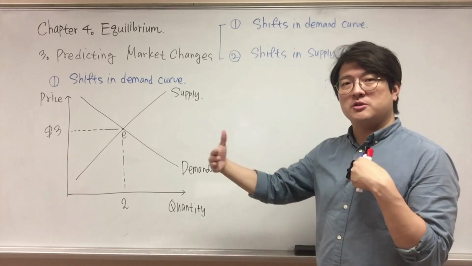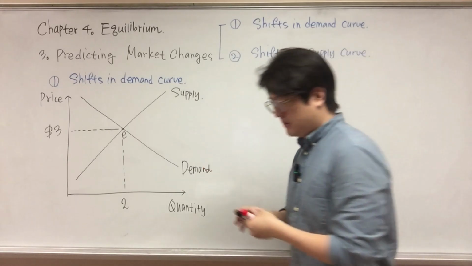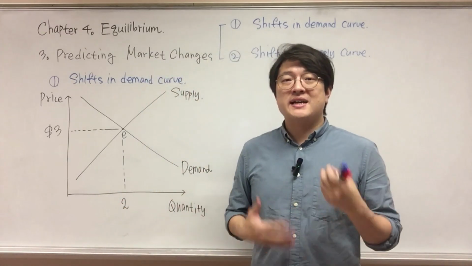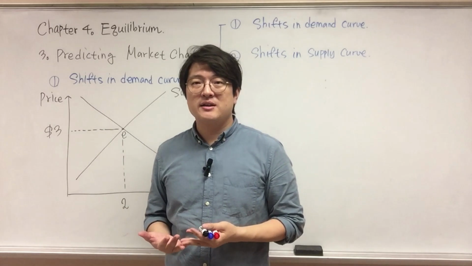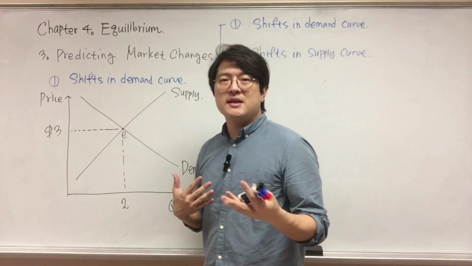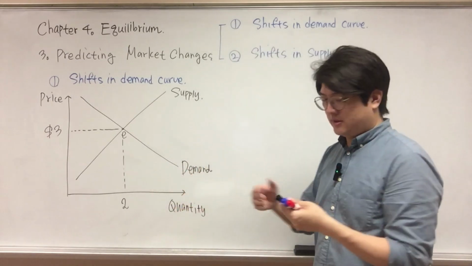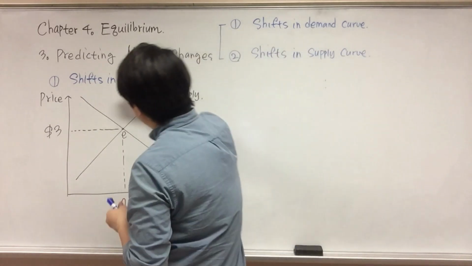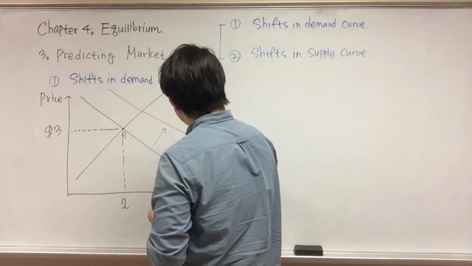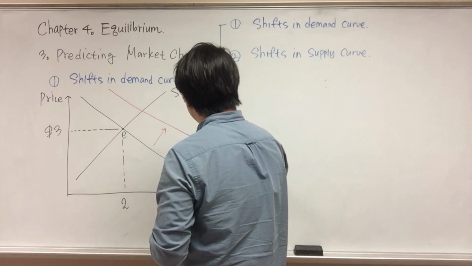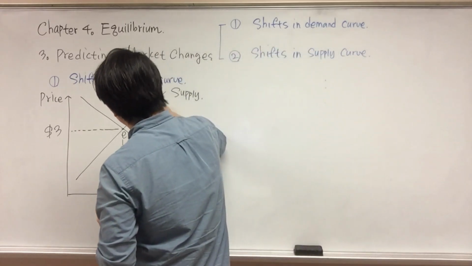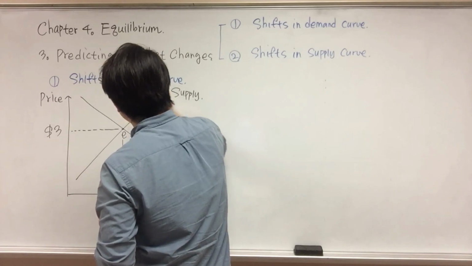So if we have increased demand, what happens? Demand curve will shift to the right. So if other factors besides the price change, the demand curve shifts to the right, so the price and the quantities will increase. Why? If we have an increased demand curve, here's the new demand curve, we have the new equilibrium point here.